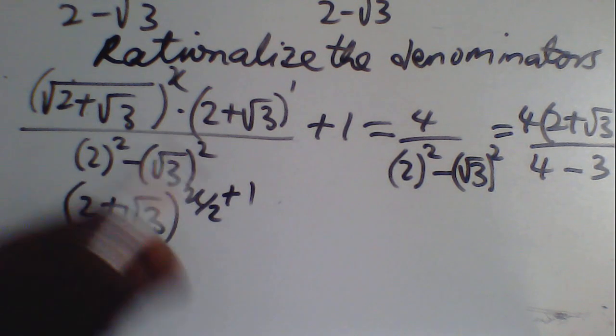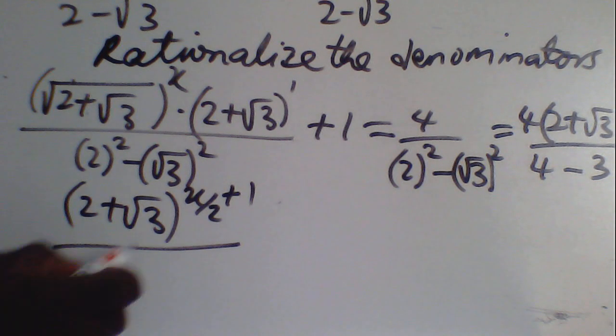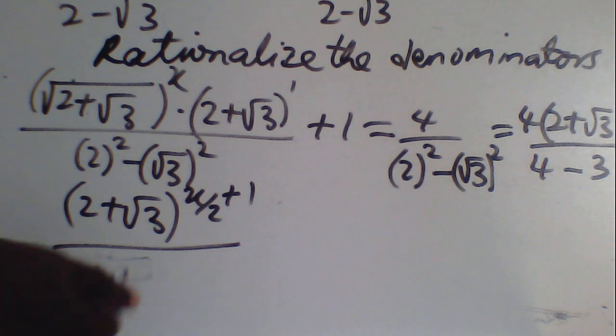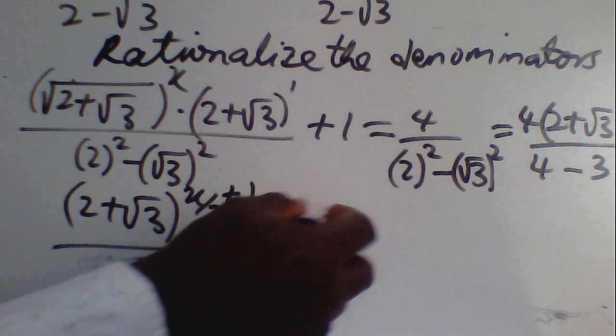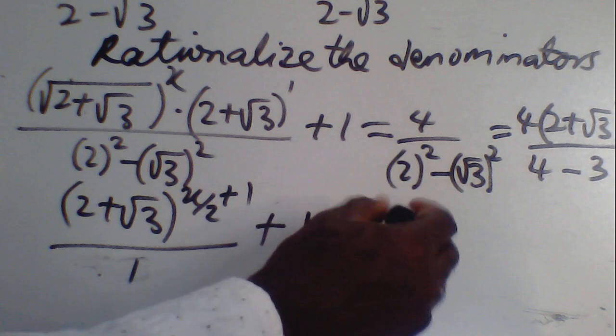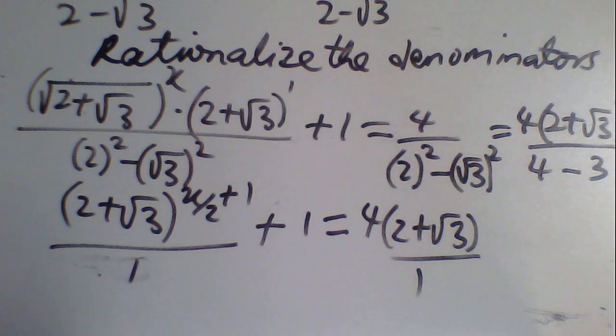Since they are the same, you add their powers, divided by what? Here will give us 4 minus 3, and 4 minus 3 is 1. So here gives us 1 plus 1 is equal to, here we have what? 4(2 + √3) divided by 1.